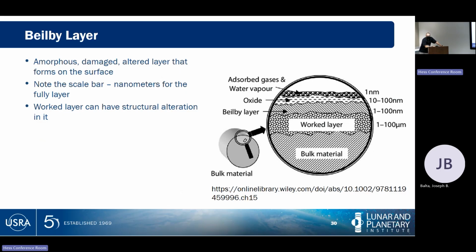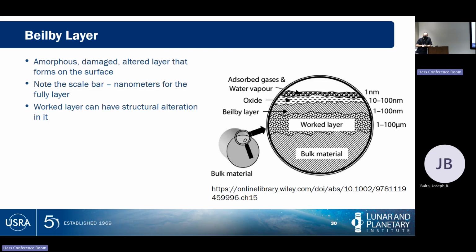In all of these, we have one particular problem. When I'm grinding something, if I'm doing mechanical abrasion, meaning grinding it, hitting it with sand grains, whatever I'm doing, the surface environment is an unstable environment.